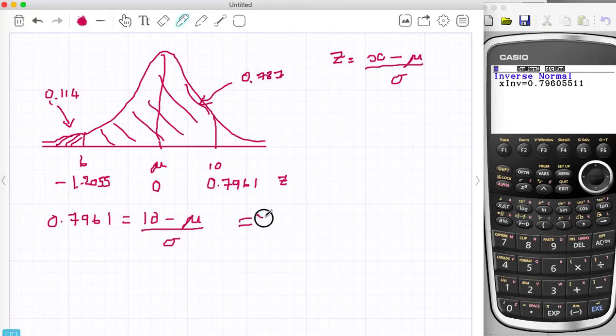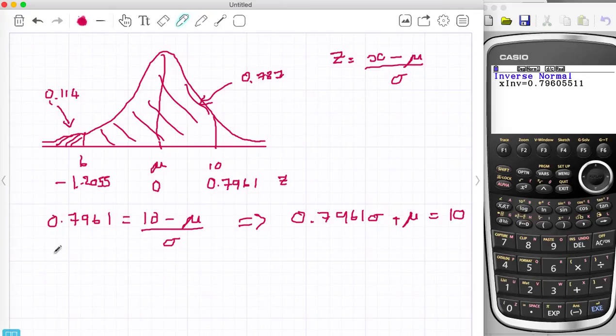If I rearrange this, I get 0.7961 standard deviations plus mu equals 10.